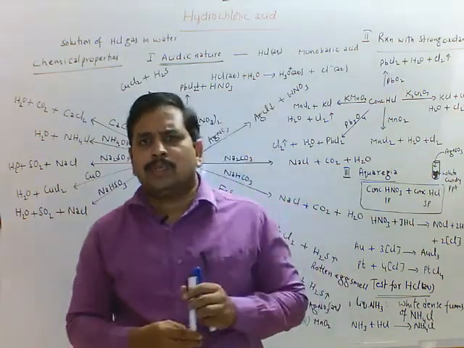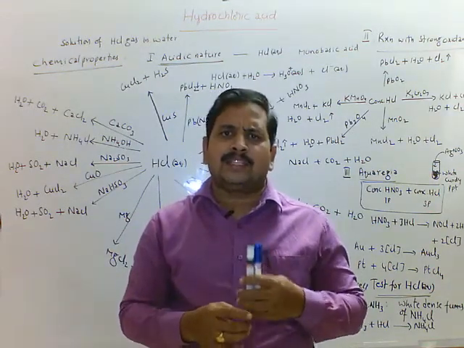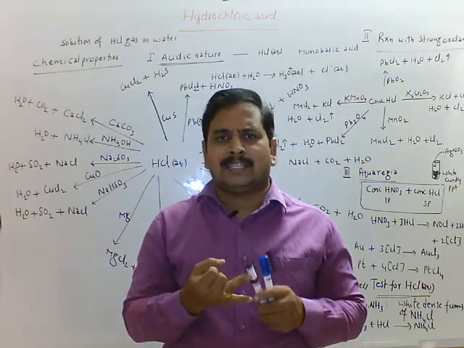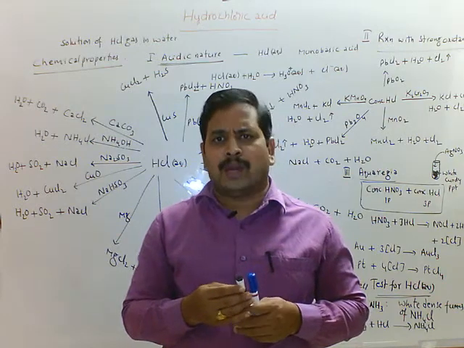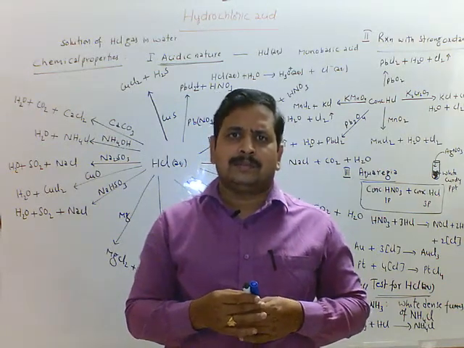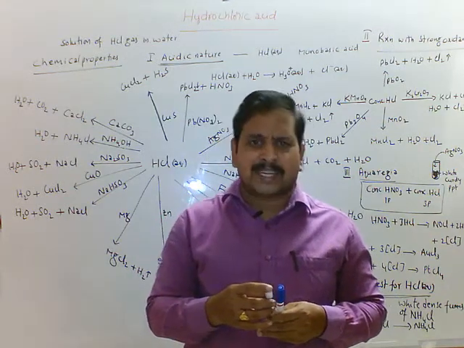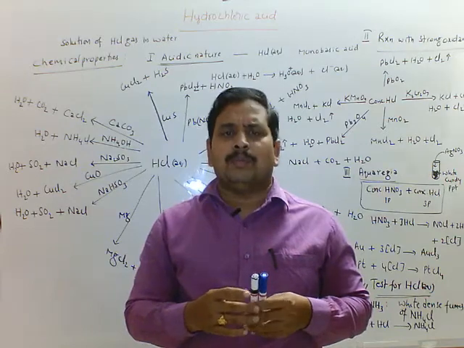Now uses of hydrochloric acid. Hydrochloric acid is used in the manufacture of paints, dyes, drugs. It is used to obtain glucose from starch, and also it is used to extract glue from the bones.